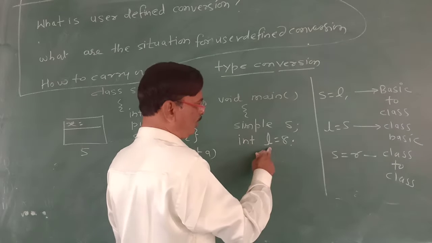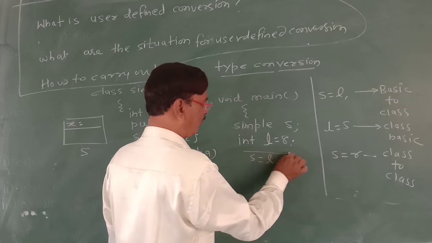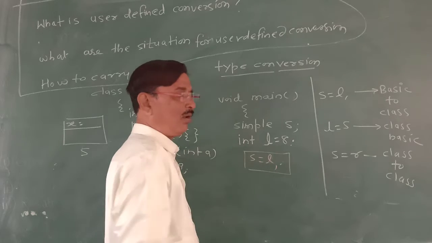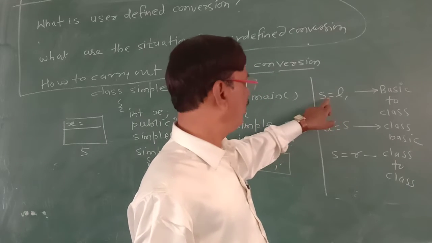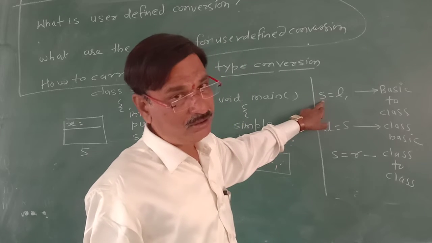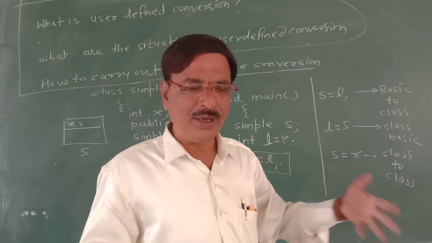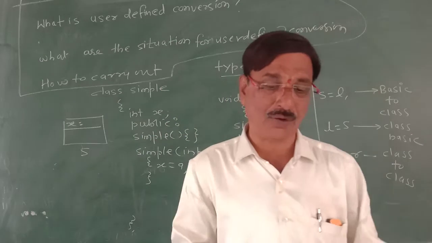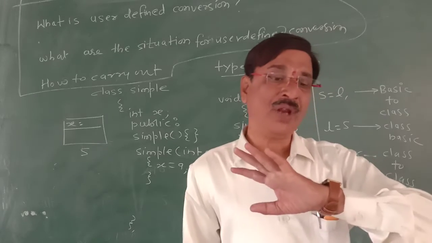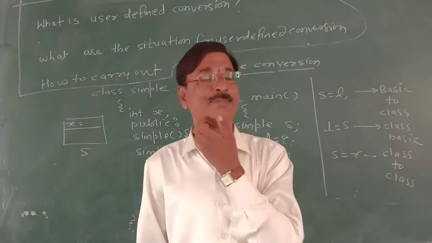So this is the first situation we have seen. A basic variable is to be assigned to an object. So basic and class type. Int means basic data type, built-in data type: integer, float, double, long double, whatever data types are given by C++ are called basic data types or built-in data types.